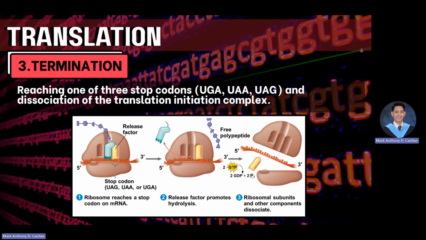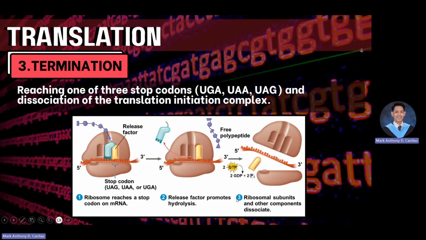Okay? So just like what we have mentioned in termination, there will come a time that we encounter UGA, UAA, the ribosome will reach the stop codon on the mRNA, and it will release a factor that promotes hydrolysis. So when hydrolysis happens, what happens? It cuts the bond on the specific polymer, and dissociation occurs.